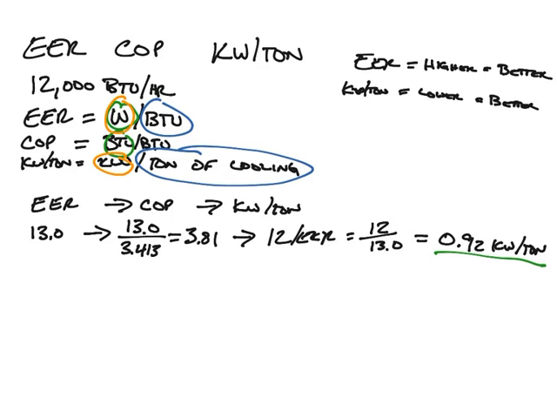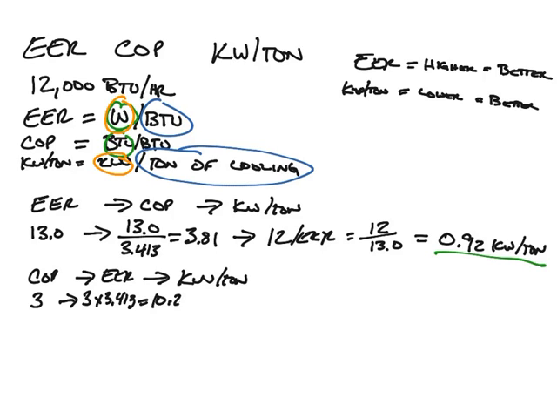Now let's do it a couple other ways. Let's start with the COP, going from COP to EER to kW per ton. Let's look at a COP of 3. To get COP into EER, we do 3 times 3.413, which equals 10.239.